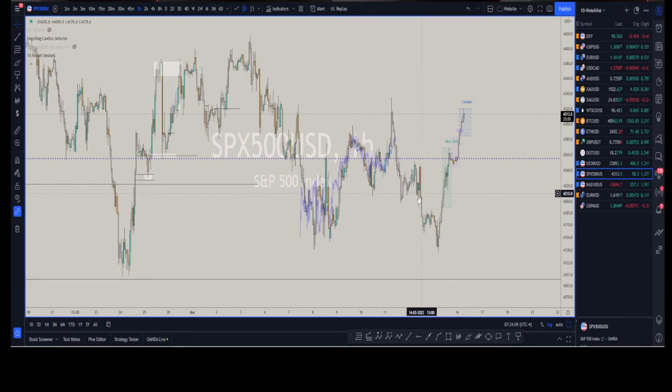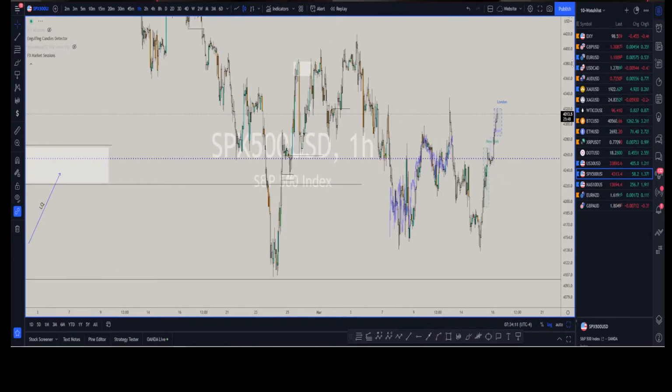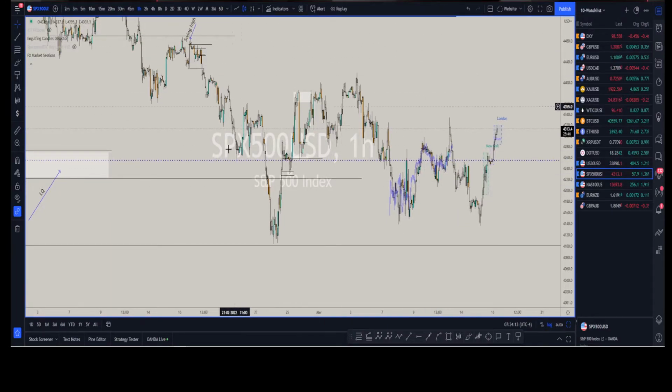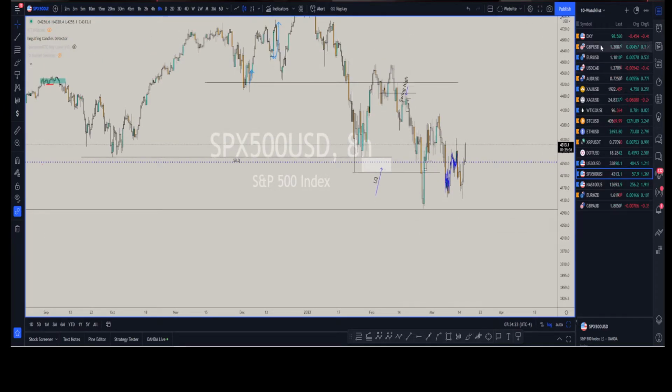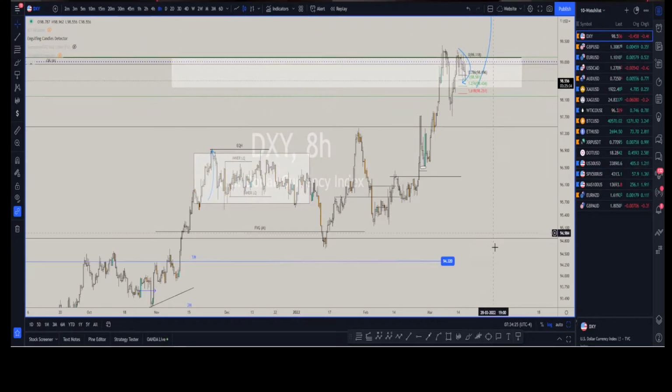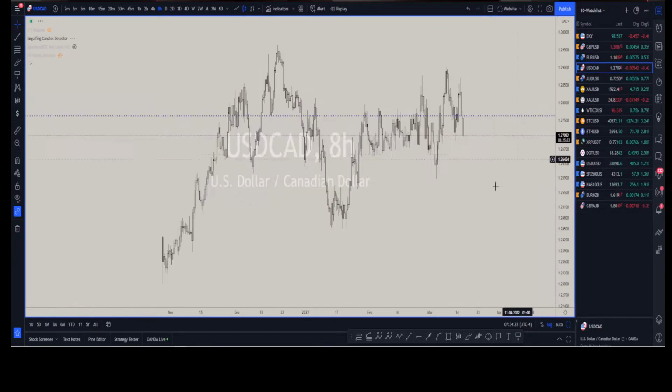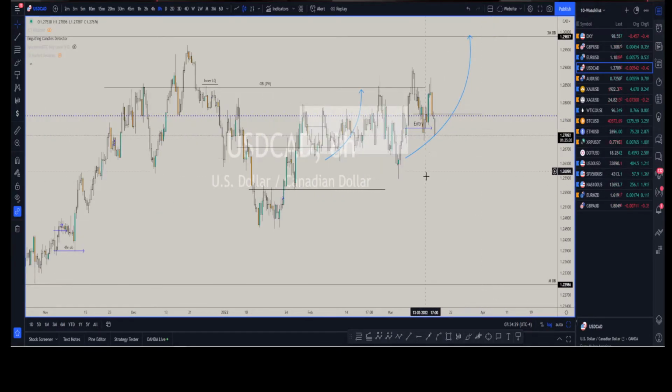I'm waiting to see, as I explained earlier, for this to go up and then dump. Let's see if it continues, then we know that the DXY is gonna come down. UCAD is really dumping, man.